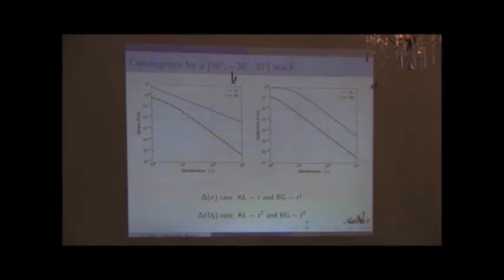So it doesn't converge faster in terms of deflection. But notice that the difference between the two curves is 2 orders of magnitude. So even if it doesn't converge faster, it's 100 times more accurate than the Kirchhoff-Love plate theory.